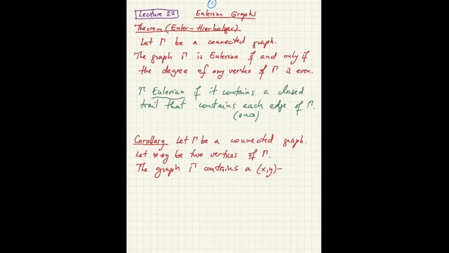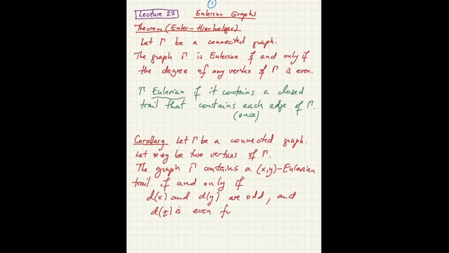So let's say that the graph gamma contains an XY Eulerian trail if and only if the condition is that the degree of X and the degree of Y are odd and the degree of Z is even for any Z which is not X and is not Y.